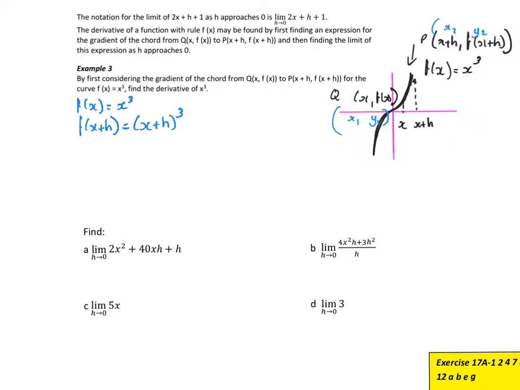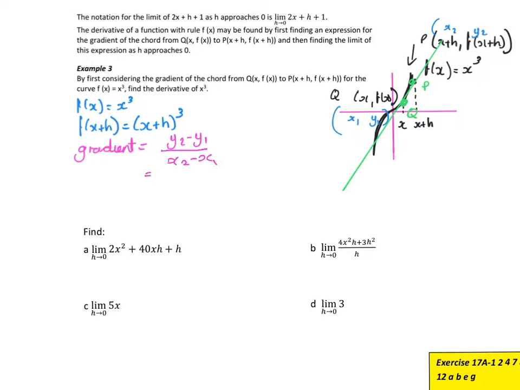So let's find the gradient of that chord PQ. So remember, the gradient of the chord is y2 minus y1 over x2 minus x1. So there you go. All right, so we have all this information.